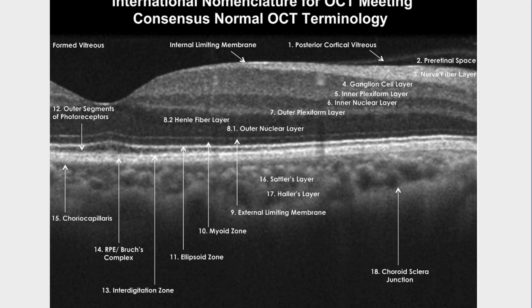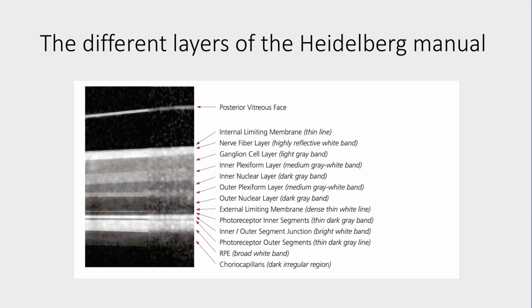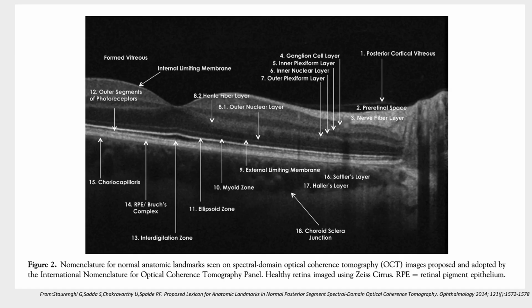This is a representation of the Heidelberg device. Here are the different layers of the Heidelberg manual. Here the different layers with the Zeiss device.